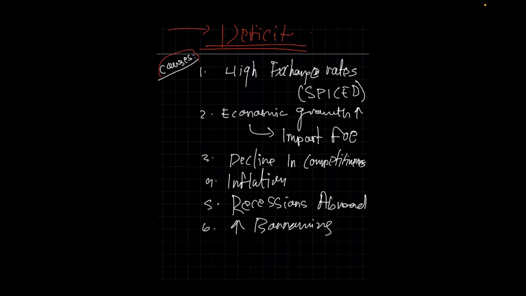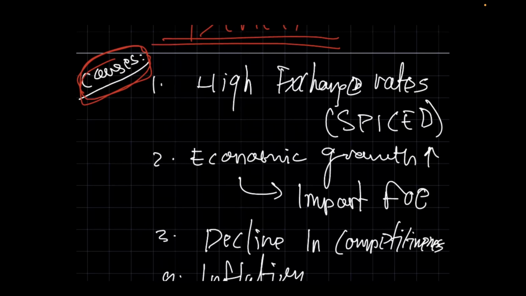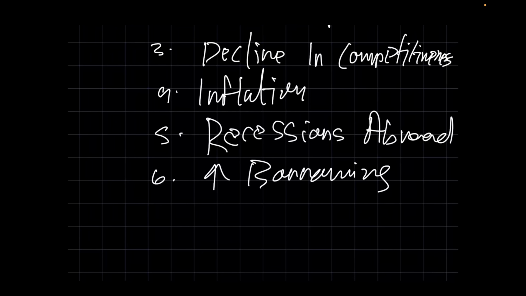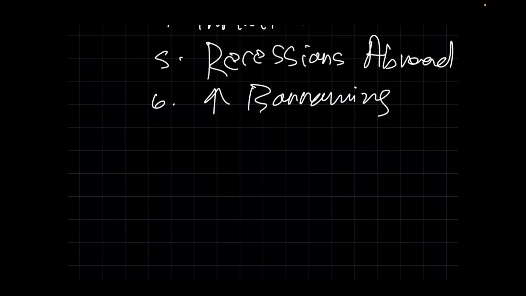In this case, I would suggest you look at everything from a negative point of view. Whenever you look at everything going wrong in the economy, there's a current account deficit. That's how I would think of it. So now let us go through some consequences.